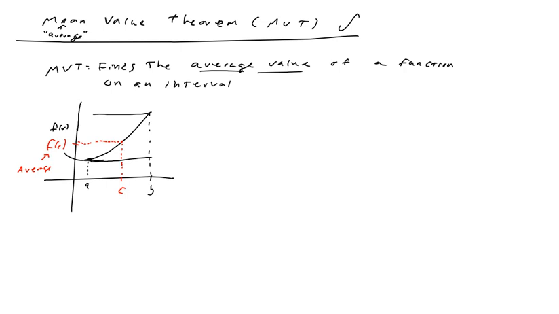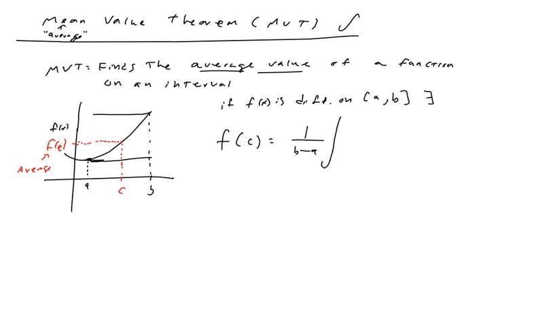And so what we're looking for, this f of c, is the average value of a function. To find f of c, the mean value theorem says if f of x is differentiable on the interval from a to b, there exists f of c, where it's 1 over b minus a, integral from a to b of f of x dx.